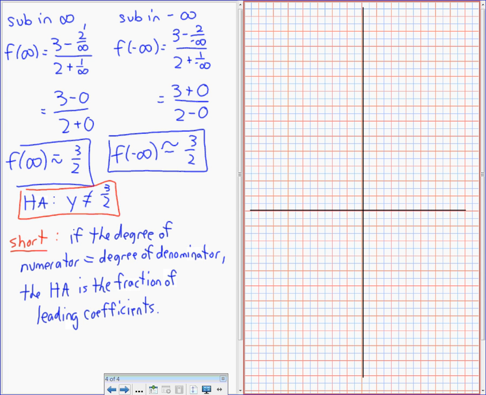All right, so here we go. I'm going to count by twos. There's my x. There's -1, -2, -3.